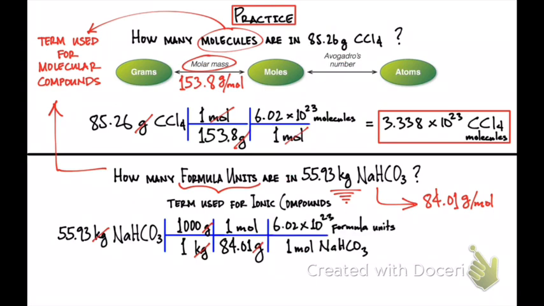Another train track here, and these moles cancel each other out, leaving us with the units that we want. So we multiply all the numbers up top, 55.93 times 1,000 times Avogadro's number, divided by 84.01, and that gives us the answer.